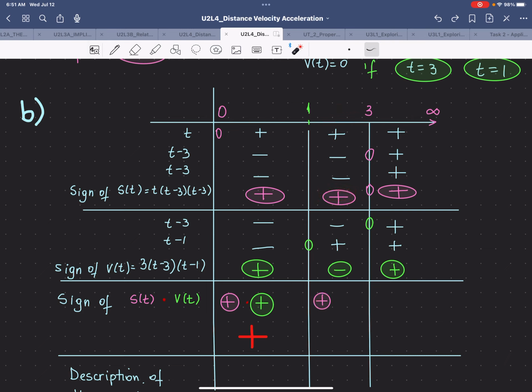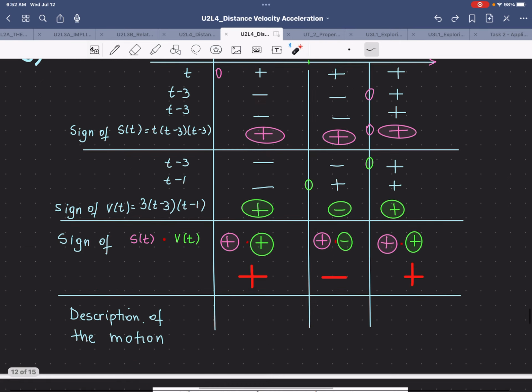You multiply them, you get a negative. So lastly, from 3 to infinity, S(t) is positive and V(t) is positive. So that means that the product S(t) times V(t) will be the product of two positive numbers for any t value in this interval, which will guarantee that the product will be positive.